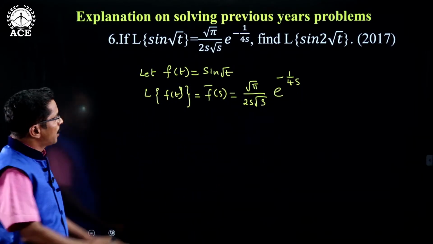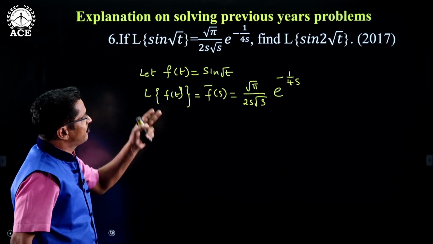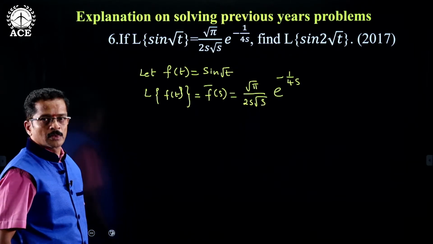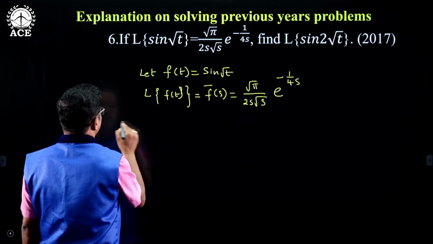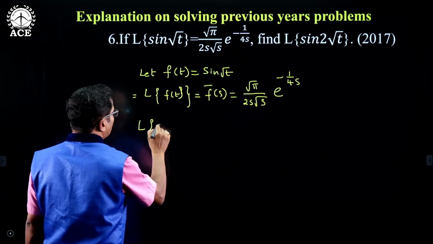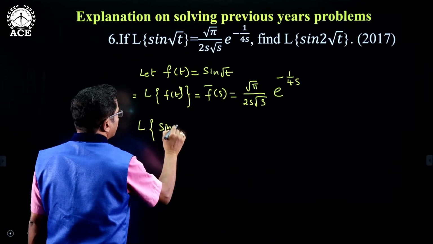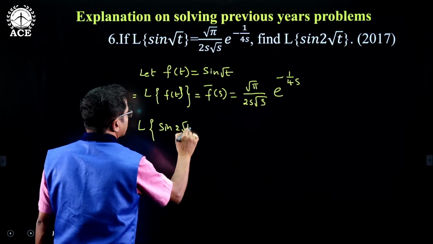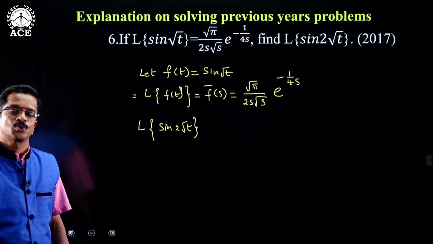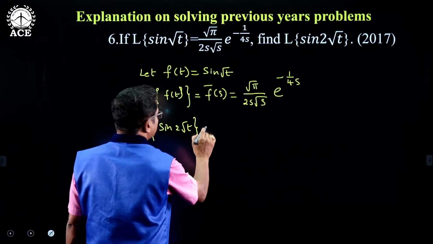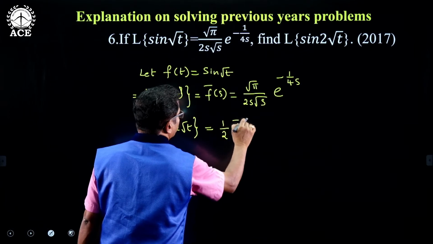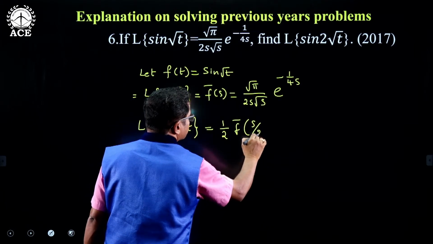Okay. Now we are asked to evaluate L of sine 2 root t. In the place of root t, we use 2 root t, which equals 1 by a into a bar of s by a, meaning s by 2.